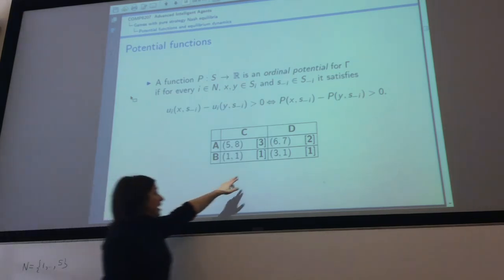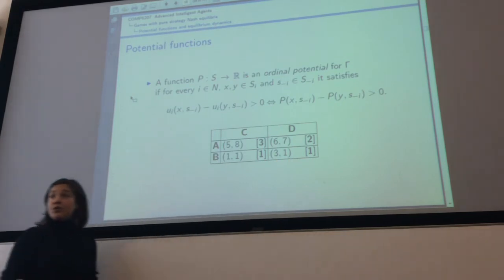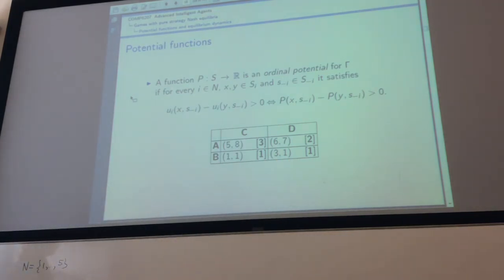Which then says that if there is no change in the utility function, there must be no change in the potential function as well. But that's again too strong if we're after just the existence of a Nash equilibrium. Because what do we need? When we stop at the potential function, no change, the potential function does not grow.